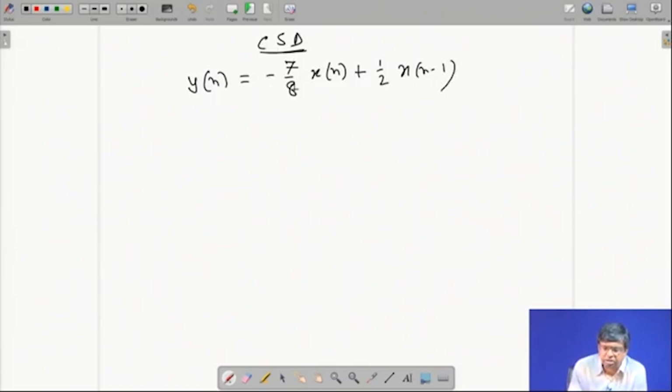Now this coefficient minus 7 by 8, maybe the actual design had some other value close to minus 7 by 8, but that has been approximated to minus 7 by 8 because this is in CSD form.